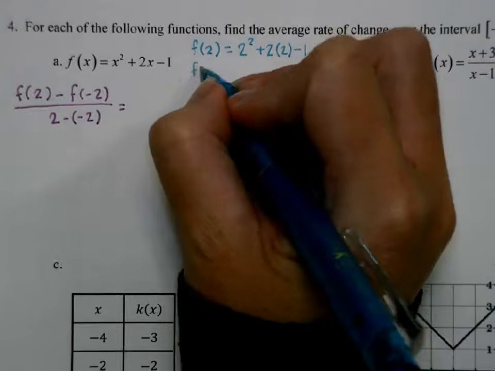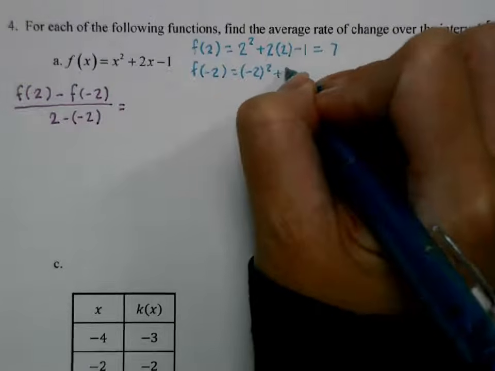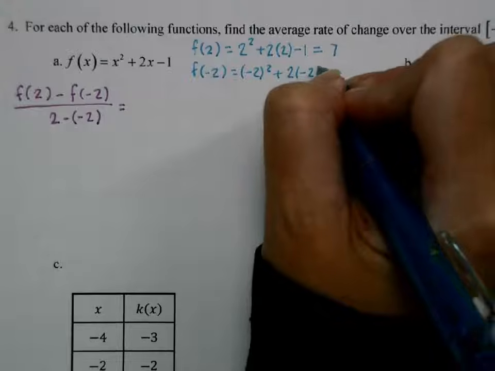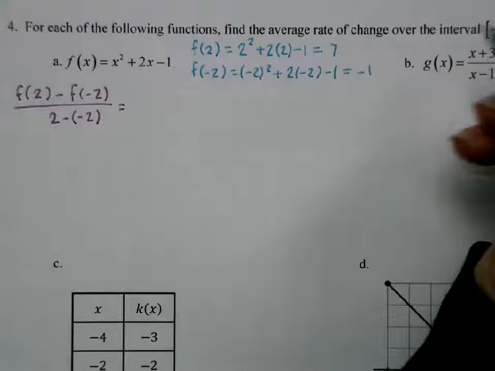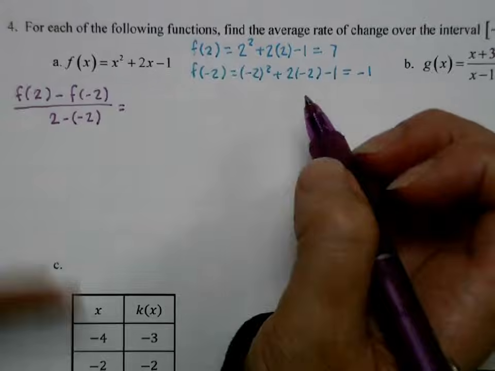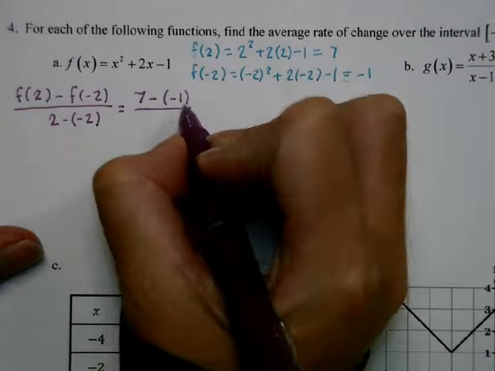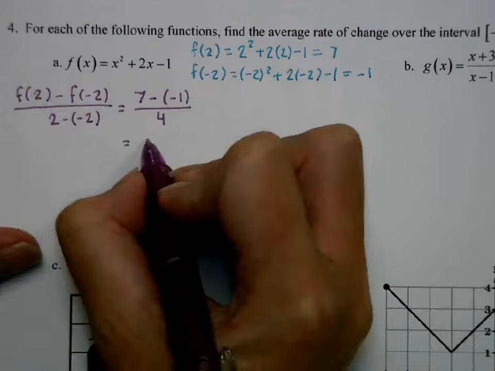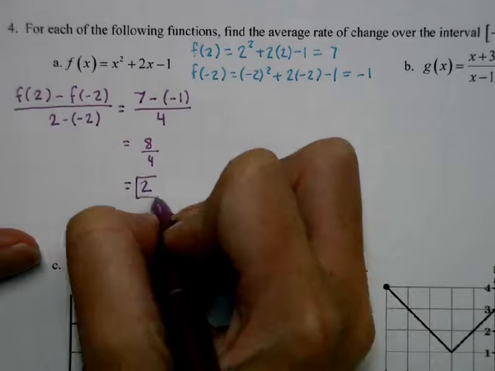Plug in -2, which gets me a -1. So f of 2 is 7 minus -1 over 4, which gives me 8 over 4, and we want to simplify that to 2.